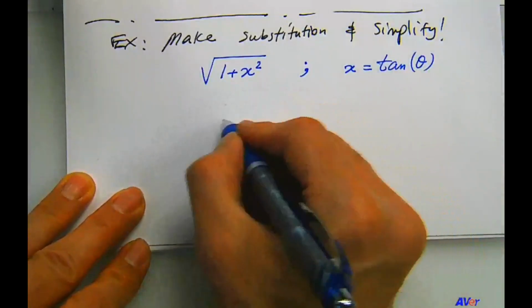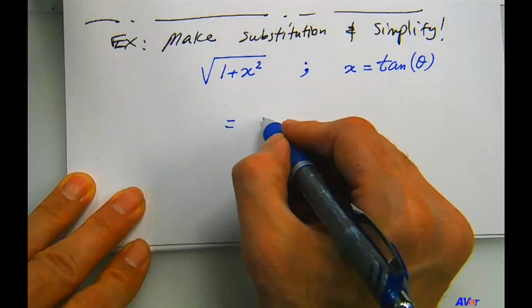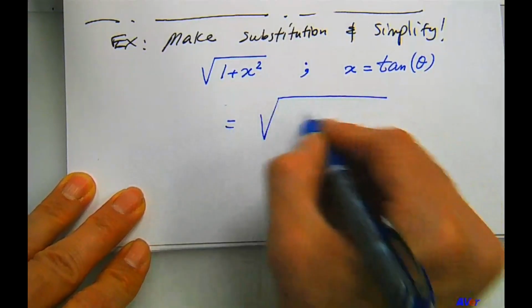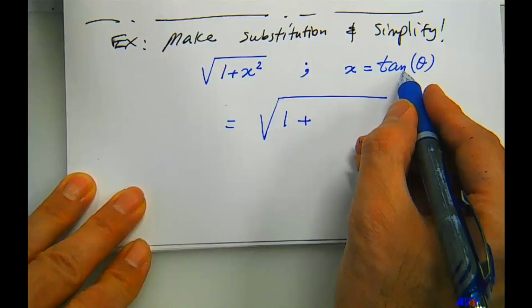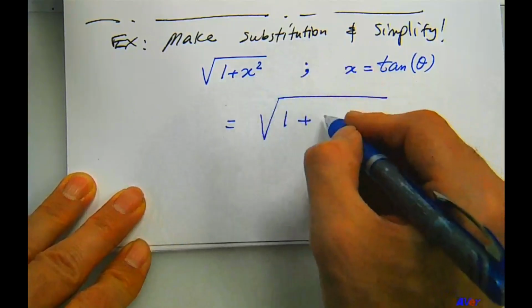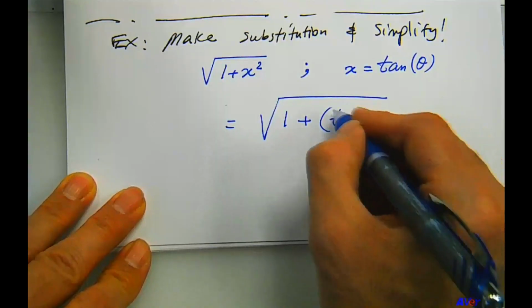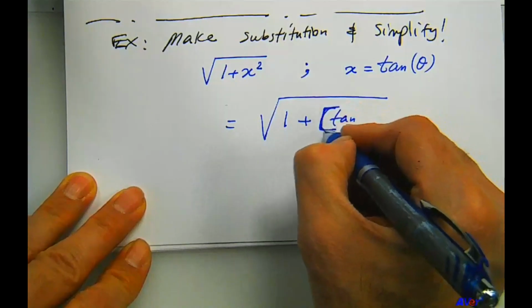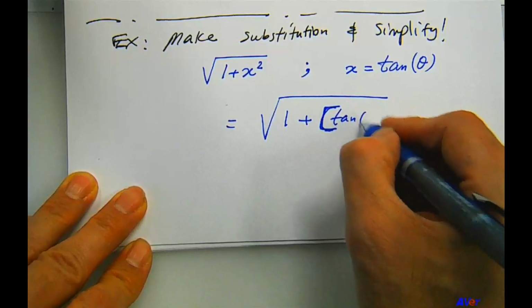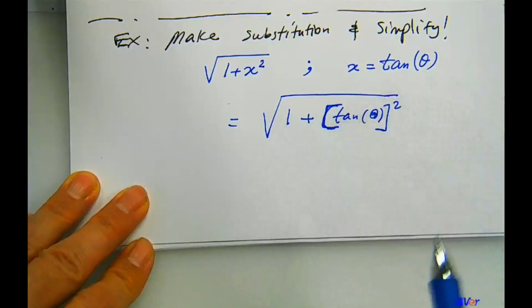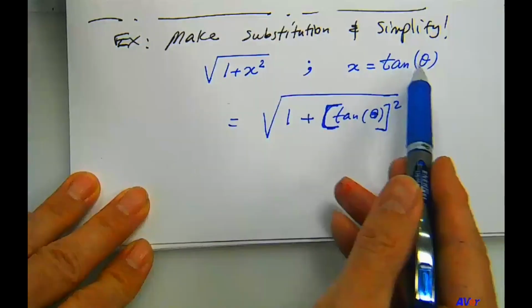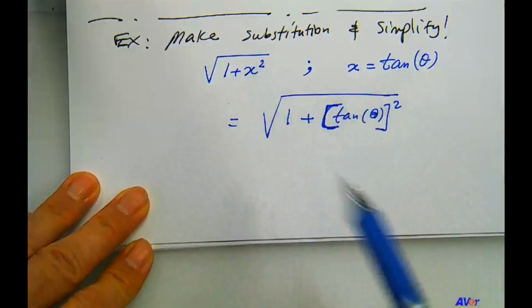So this is equal to square root of 1 plus, instead of x, I'm going to substitute tangent theta and square it. So tangent, let me put a bracket here, tangent theta squared. All I did was substitute for x with tangent theta, and I kept this squared.